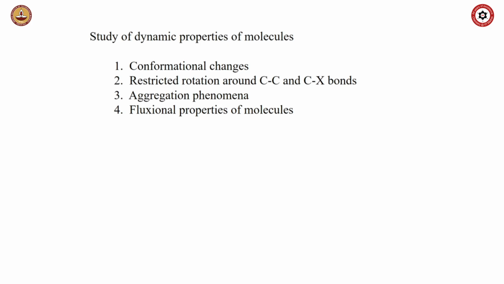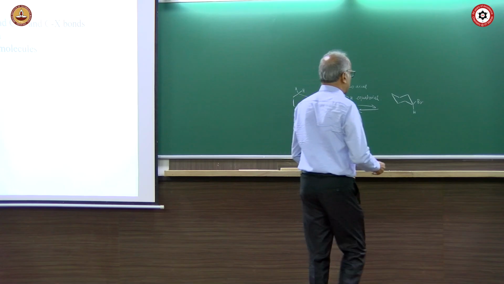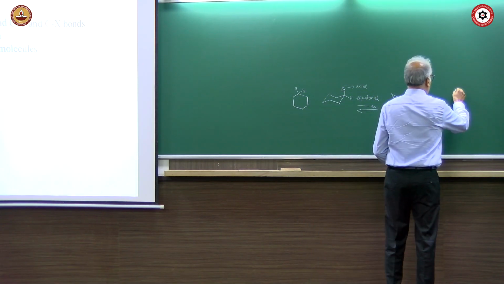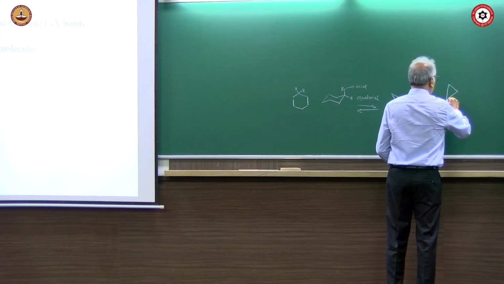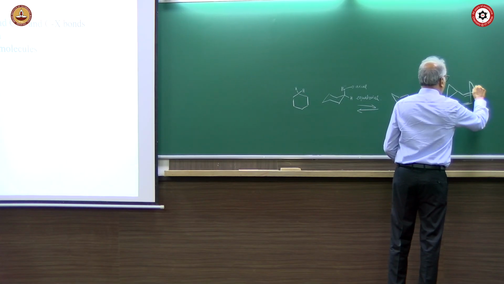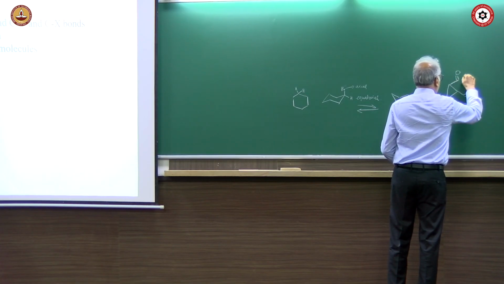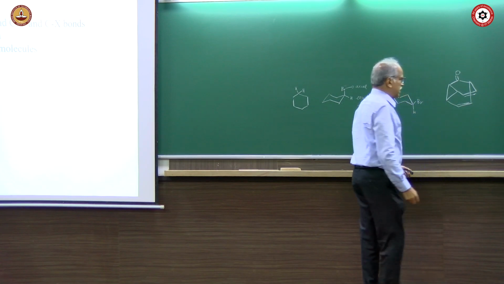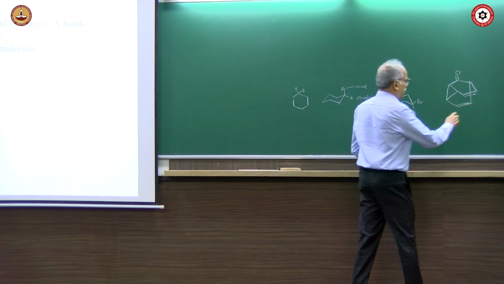Fluxional molecules: molecules which are fluxional in nature. I'll give you an example of that. This is called barbaralane.